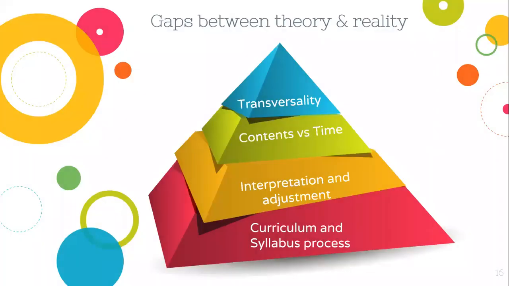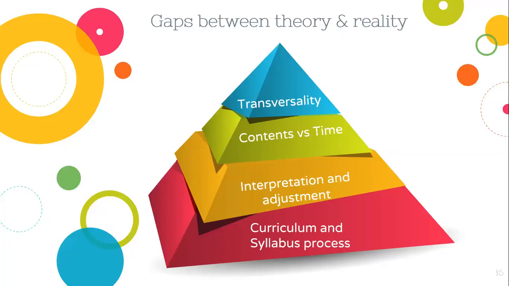Finally, comparing all the theory with the reality, we could find 4 main gaps between the theory and the reality. The first one, the base that we found, was the curriculum and syllabus processes, because in these processes they don't take into consideration students or teachers.